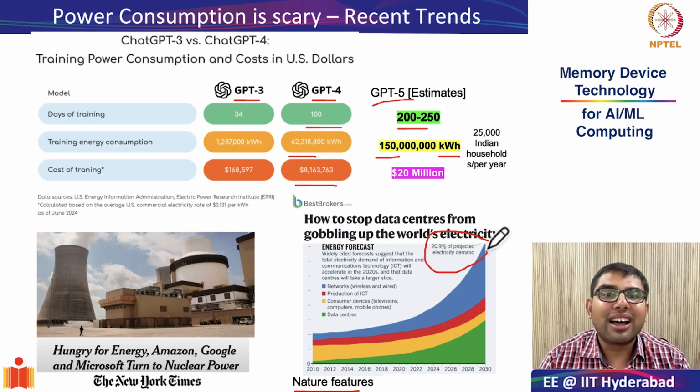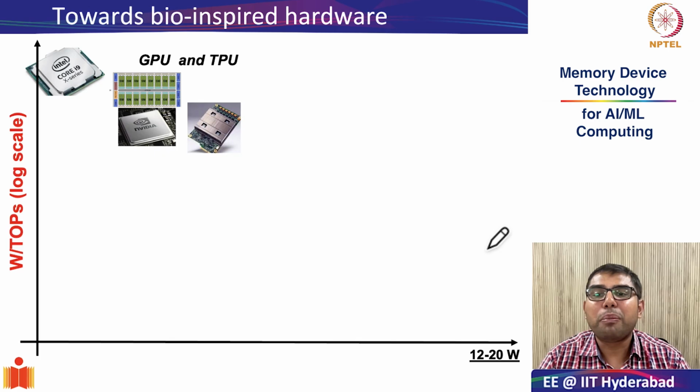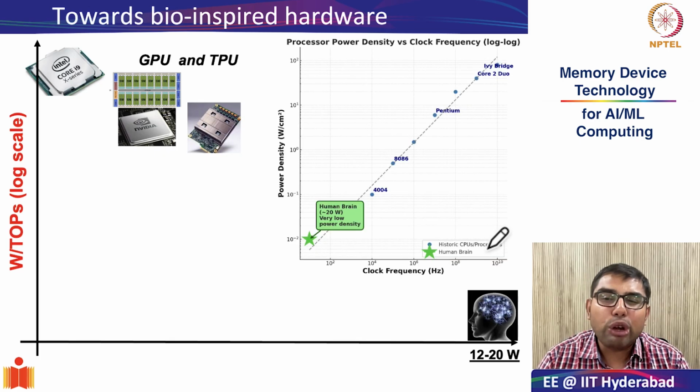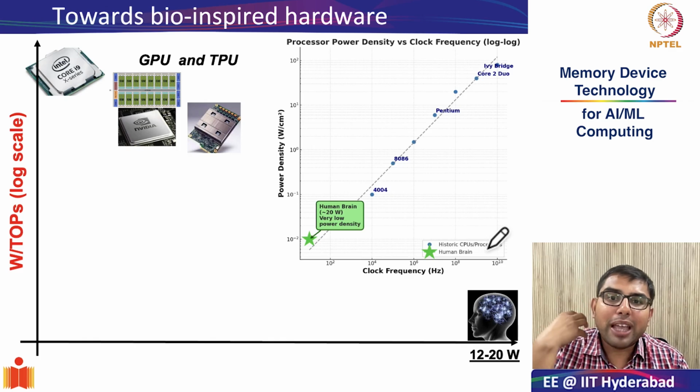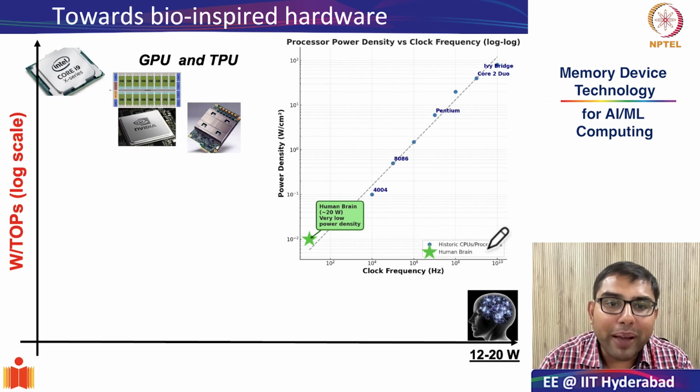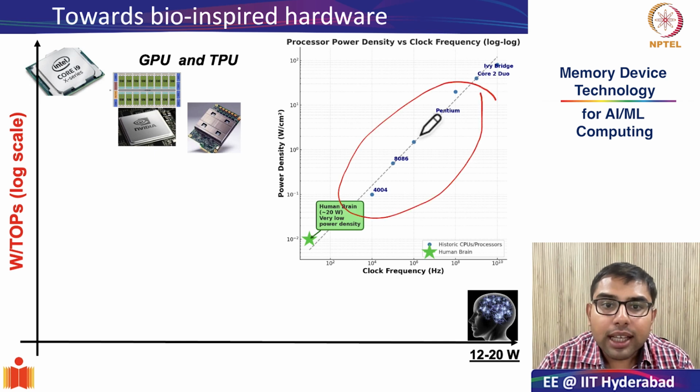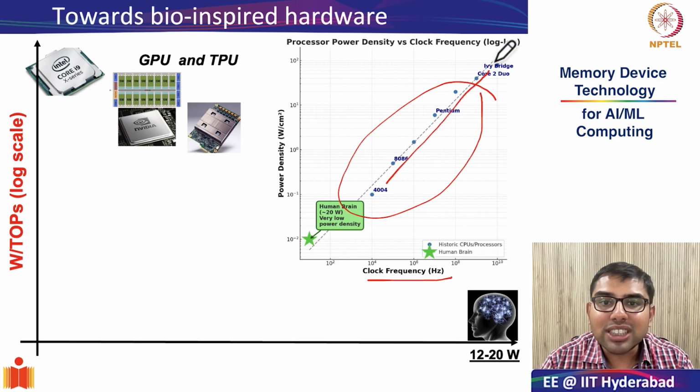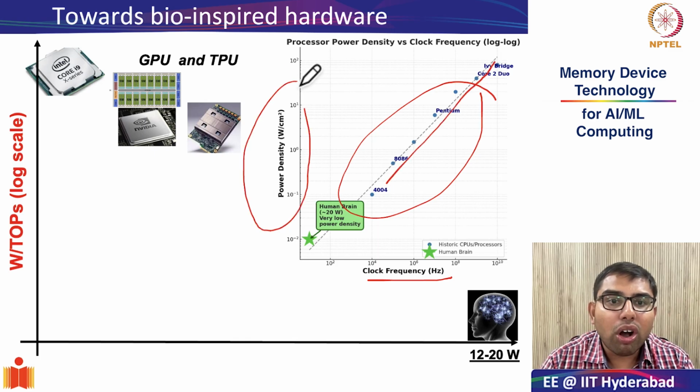And all of these unsustainable trends are because you have been trying to force fit these AI algorithms, which are inspired by biological computing, into hardware which has no relation to biology at all. And this is best highlighted in this particular graph, where we see that as you keep increasing clock frequency over the years, the power density of computation also keeps rising.